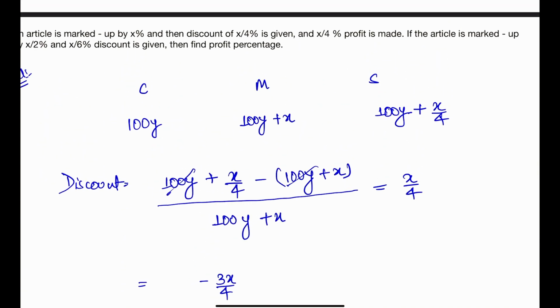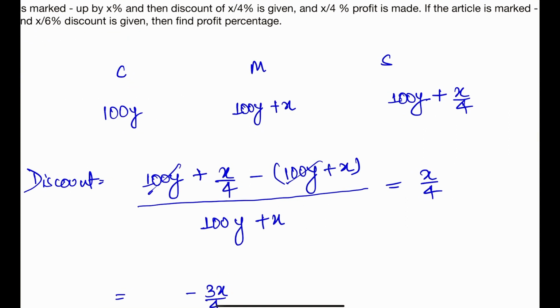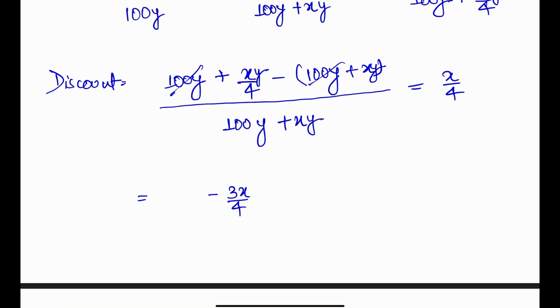So if marked up by x percentage and the discount of x by 4, if I see in that case, if 100y is my cost price, then x percentage will be xy. But again, here only x will come.